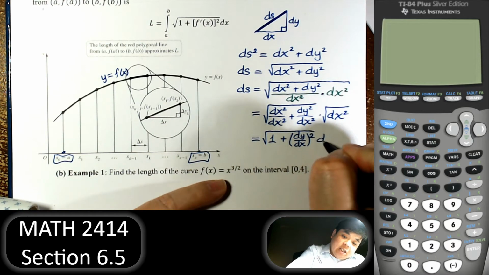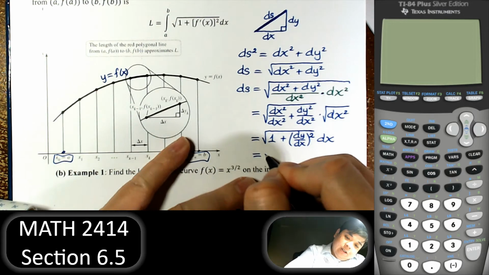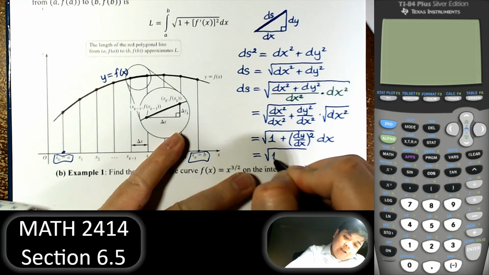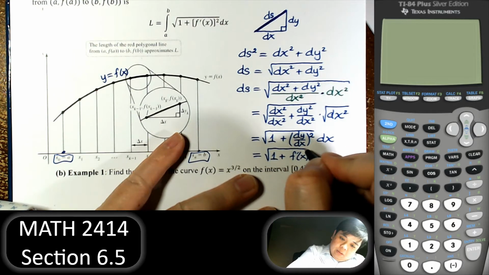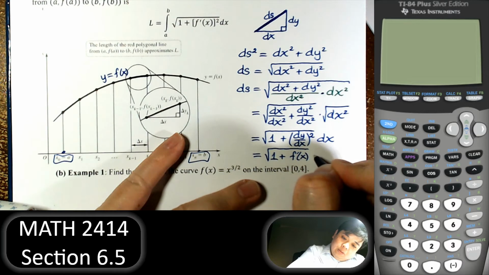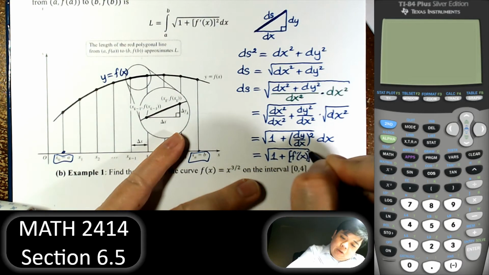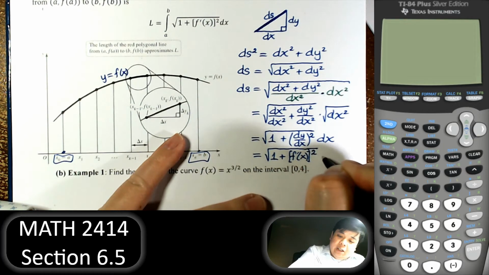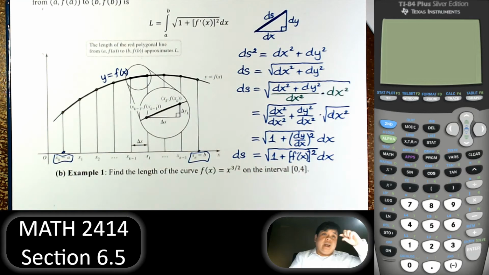We just say dx. And now that is the derivative squared and times dx, and so this is ds, the length of one segment.